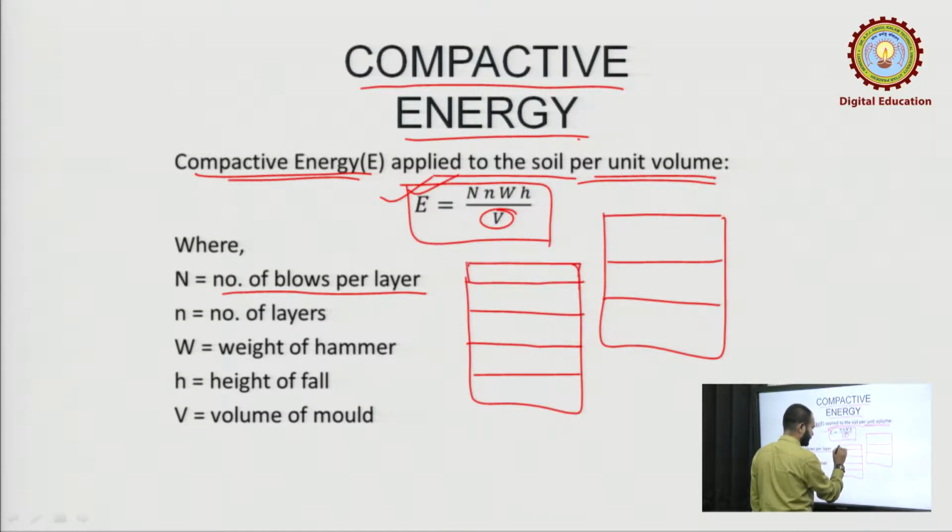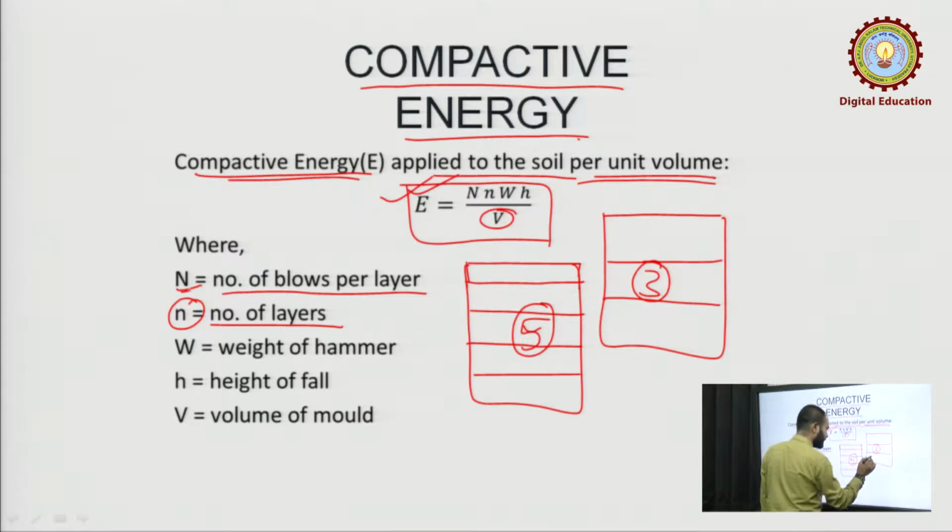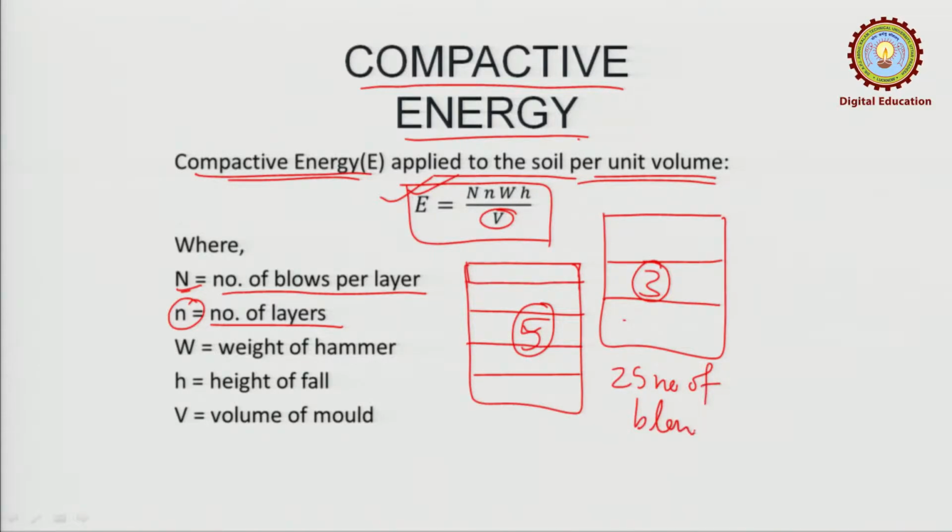So this will be small n, the number of blows. Generally per layer we apply 25 blows: here 25, again 25, again 25. Each layer is compacted with 25 blows.